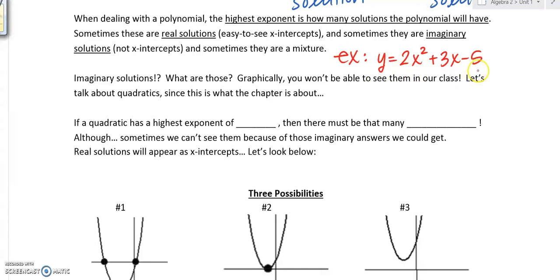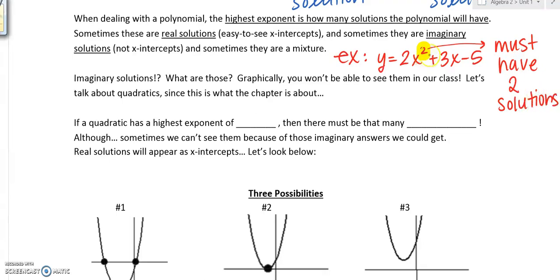Not even looking at the graph, just looking at this function, I know how many solutions. The way that I can tell is the little exponent that I have highlighted. Since that little exponent is a 2, it's telling us that it must have 2 solutions.